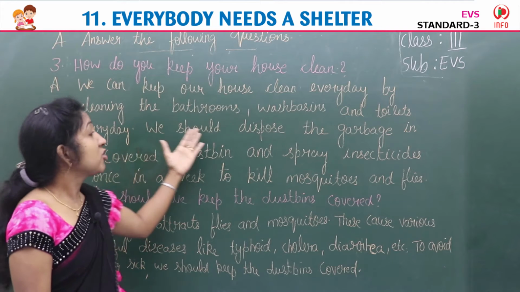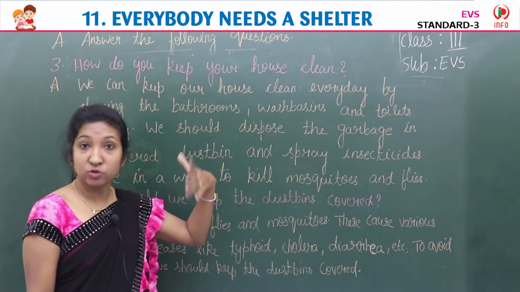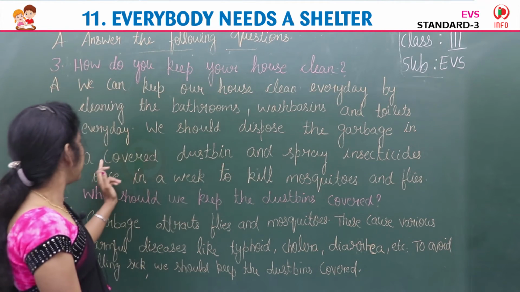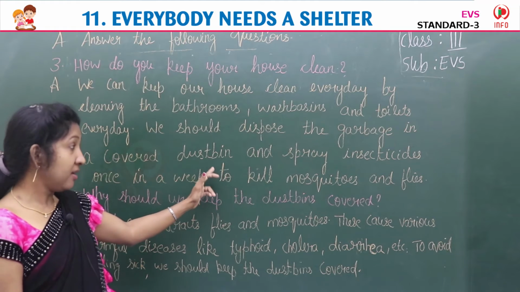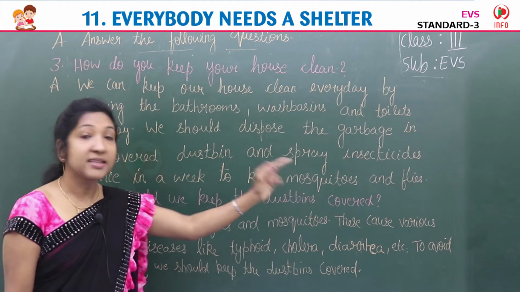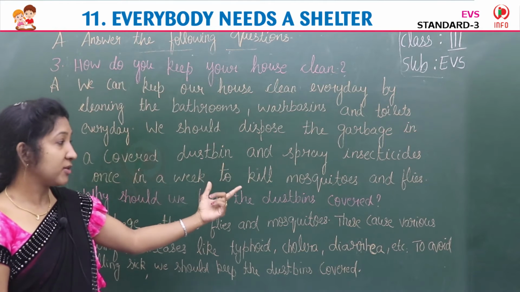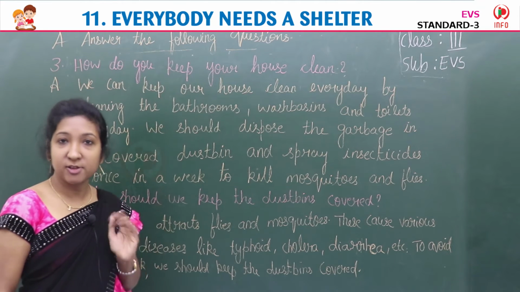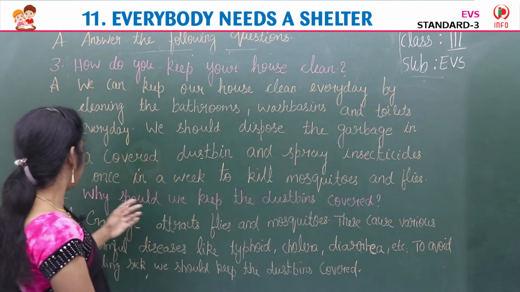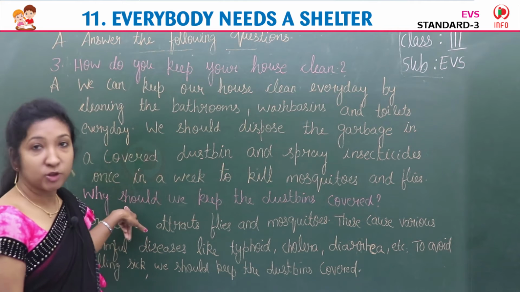Full stop. We should dispose the garbage. We should throw the garbage in a covered dustbin and spray insecticides once in a week to kill mosquitoes and flies. Full stop. Okay. Then our next question, fourth question.